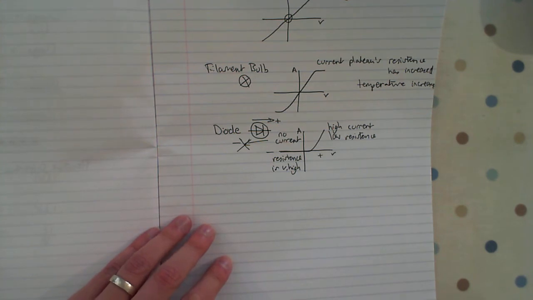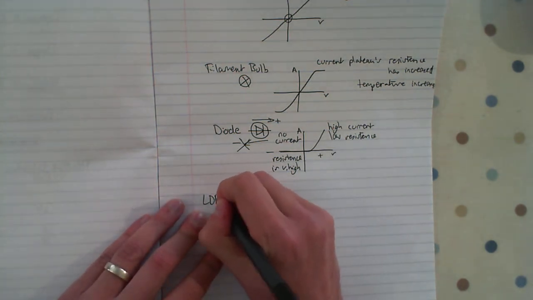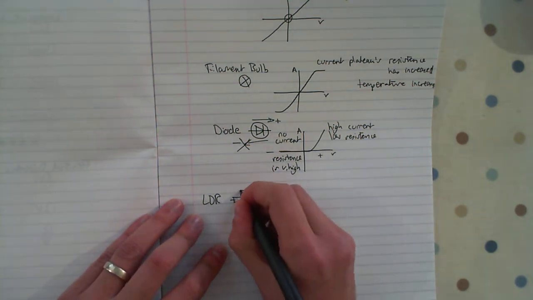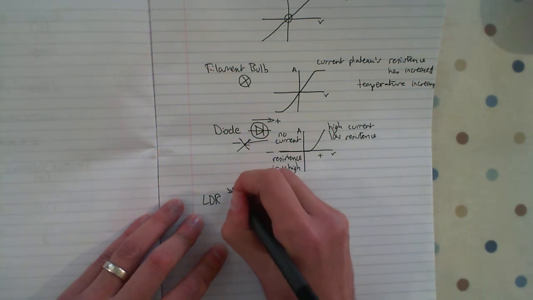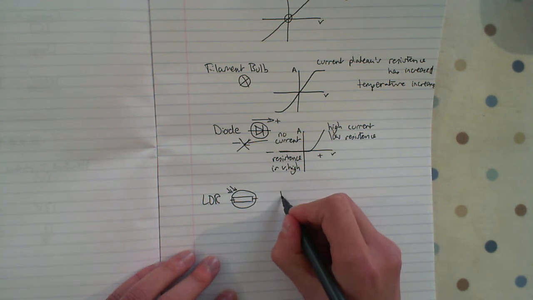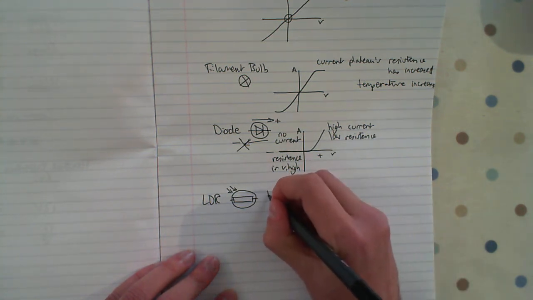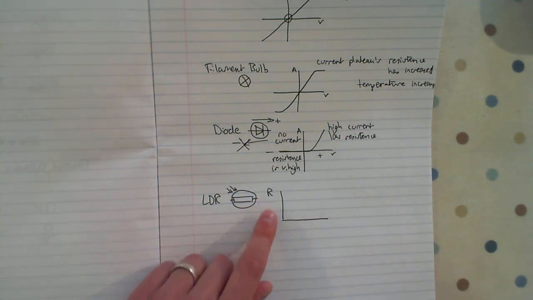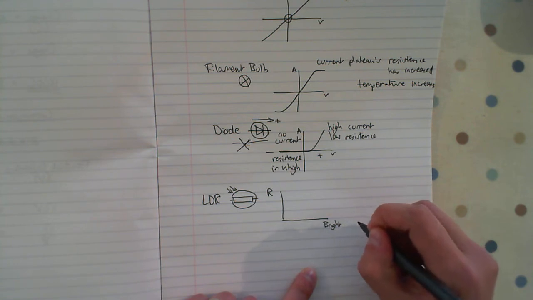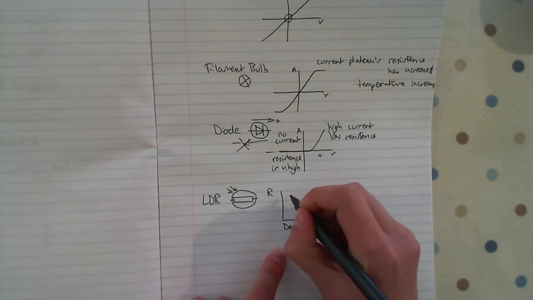We've also got two other types of resistor. We've got LDRs, light dependent resistors: rectangle, circle around it, two little arrows representing light. And what happens with LDRs is their resistance changes with brightness. So R on the y-axis for resistance. On the right hand side of the x-axis it's bright, on the left hand side it is dark.